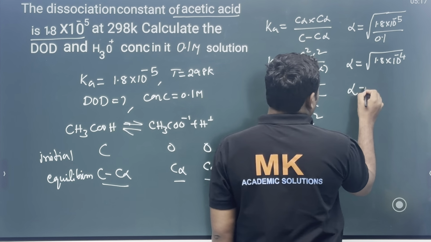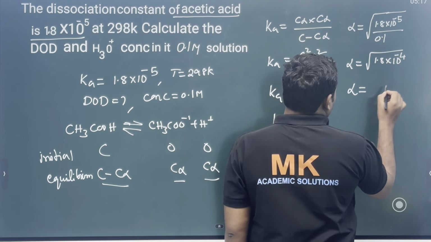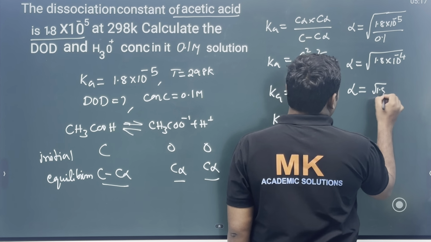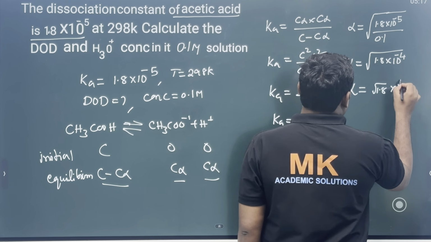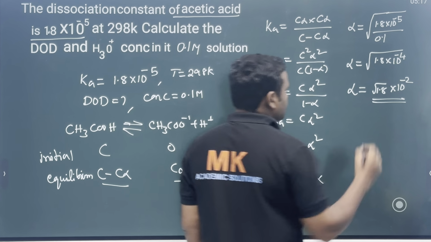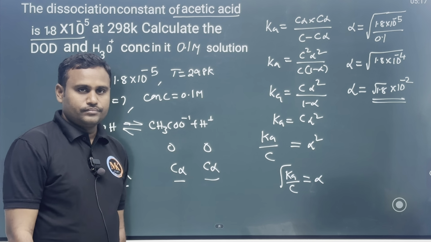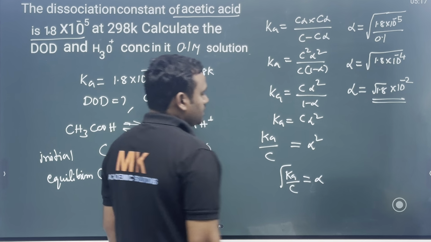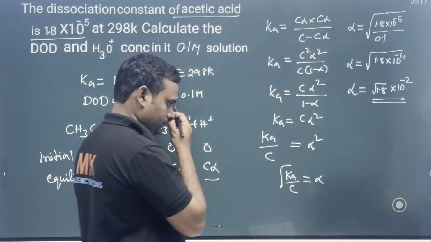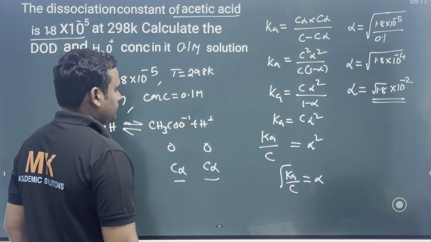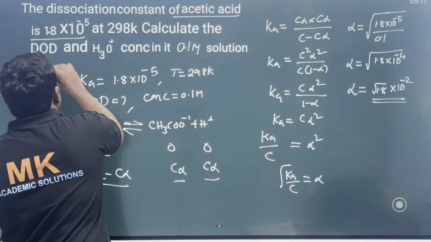So alpha is equal to square root of 1.8 into 10 power minus 2. This is the alpha, the answer for that.